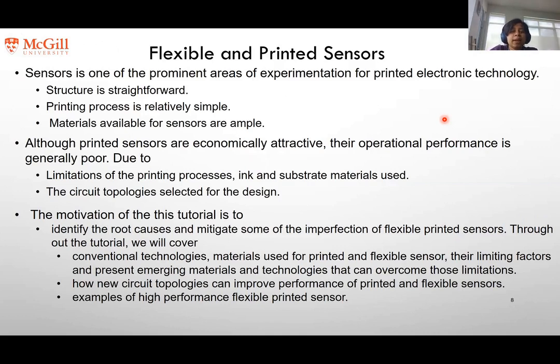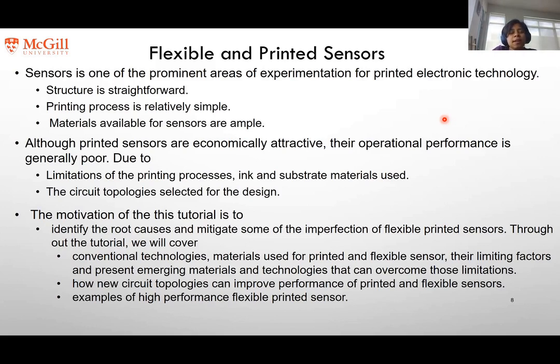So, as I said, flexible and printed sensors are one of the prominent areas of application for printed electronics technology. And the reason, as I said, is that the structures are more straightforward to fabricate with printed electronics.